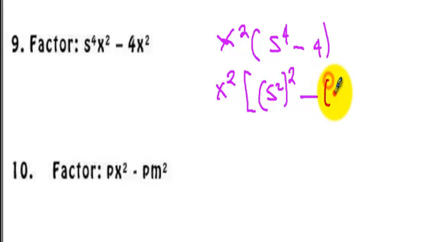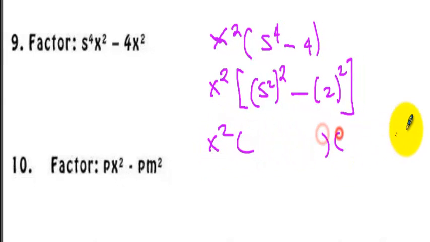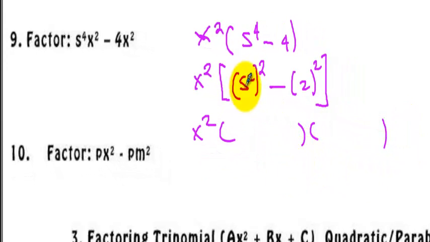We can write 4 as 2 squared. Now, between the two terms, we have a minus sign. So we can use difference of two squares. So the factors look like this. So I will have s squared minus 2, s squared plus 2. So this will be our answer.